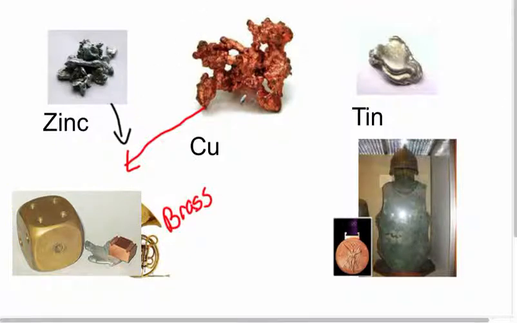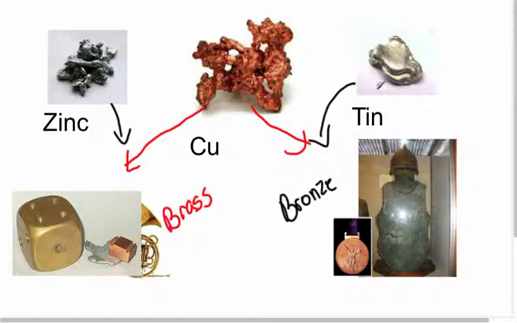So the combination of zinc and copper is not a chemical reaction, you're just mixing them together. Another thing that you can mix copper with is the metal tin. These two come together and you're going to have bronze. And I have an example. It's not always tin, the other metal, but whenever copper is mixed with metals like tin, you get bronze. Tin is an element, copper is an element.